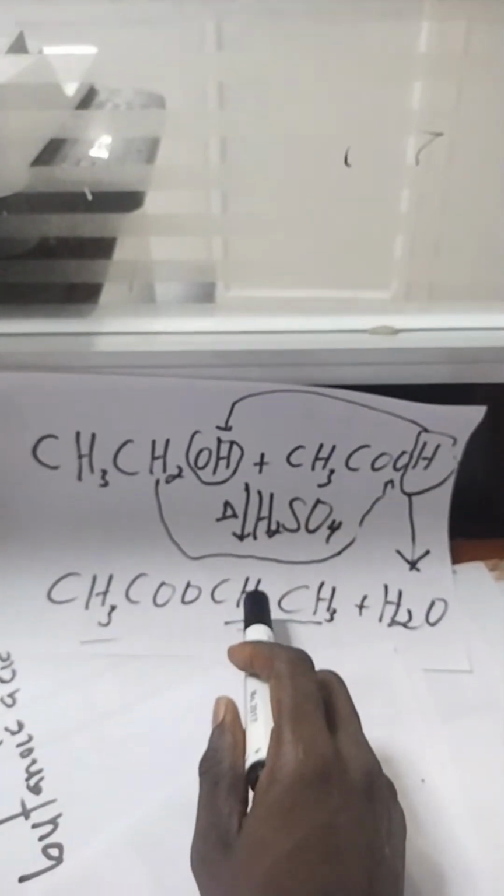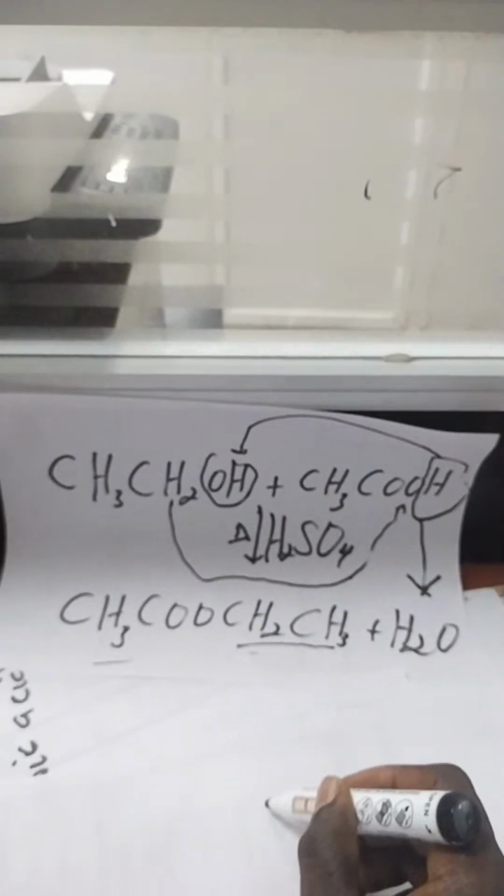And when you are naming it, you follow the same method of naming. Do not forget that at this point, you will name this one first. If you have CH3, of course, this is your ethane. So when ethane loses one hydrogen, the name is changed to ethyl, right?